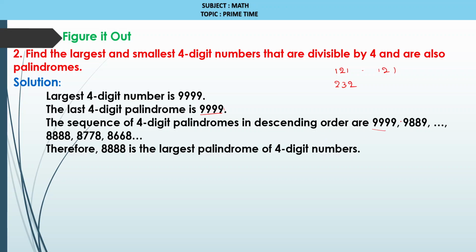If we observe, these first digits are ending with a 9, so these are not divisible by 4. Therefore, 8008 is the largest palindrome of 4-digit numbers which is also divisible by 4.